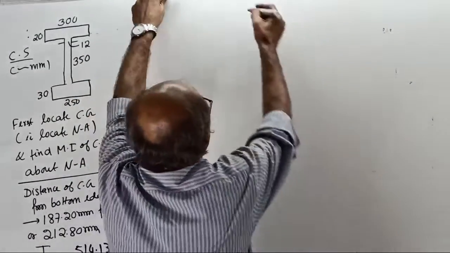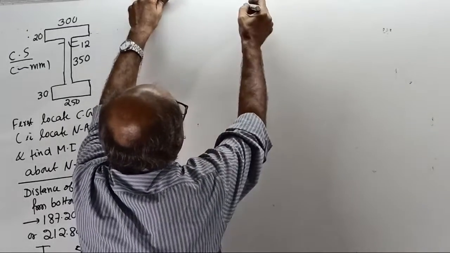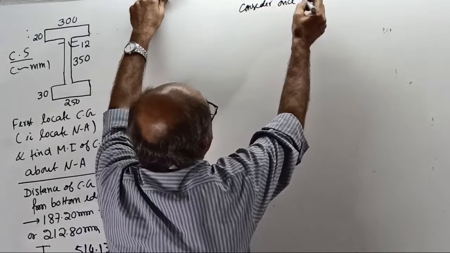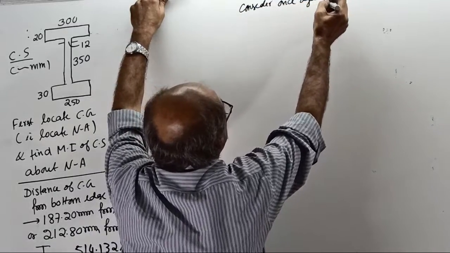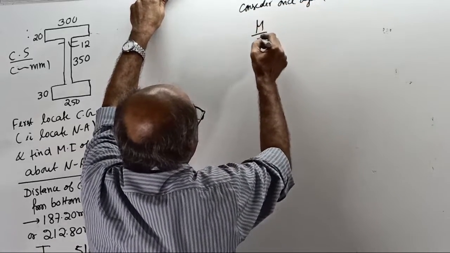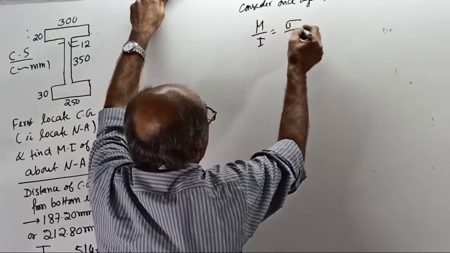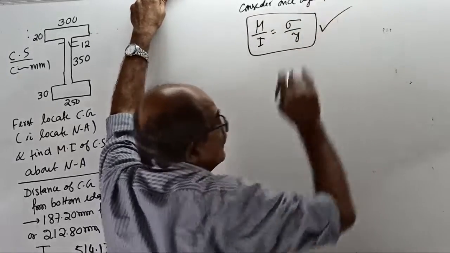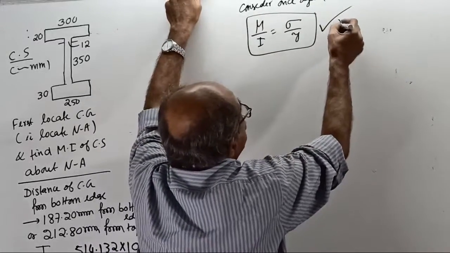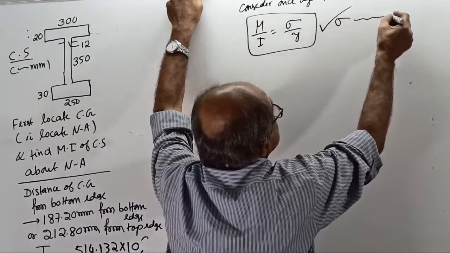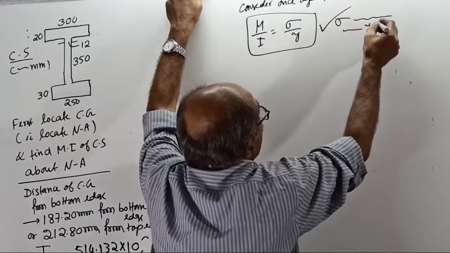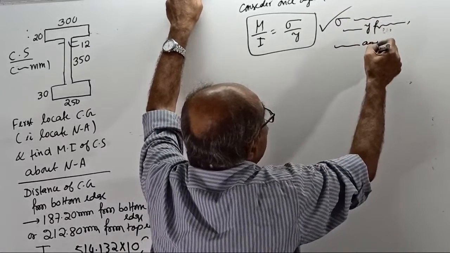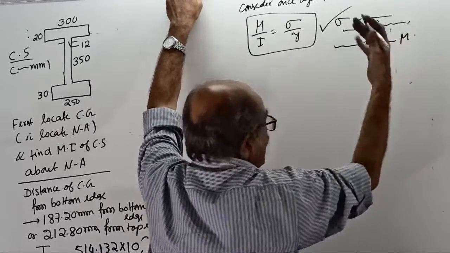See, now consider once again M by I equal to sigma by Y. I told you, write it once again here, where sigma is the bending stress at Y from the neutral axis due to the applied BM M, sagging or hogging.